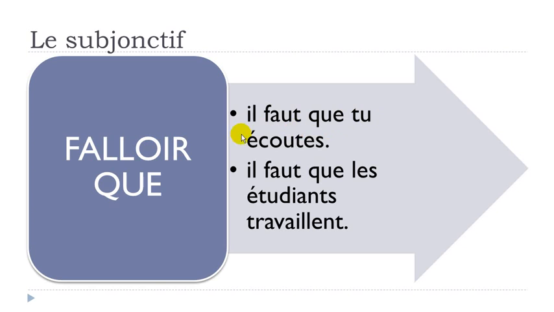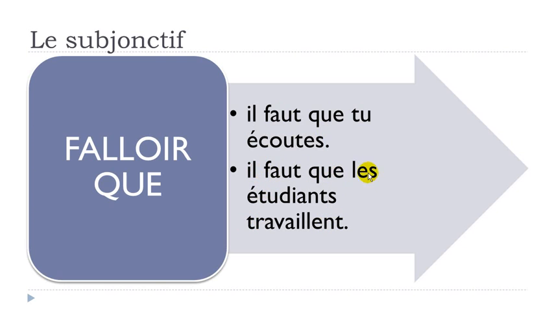And then in that case here, so we'll see a bit later, of course, how to make it, but still, you've got this verb, écouter, and this form is the subjonctif, okay? Il faut que tu écoutes. Il faut que les étudiants travaillent. All right.